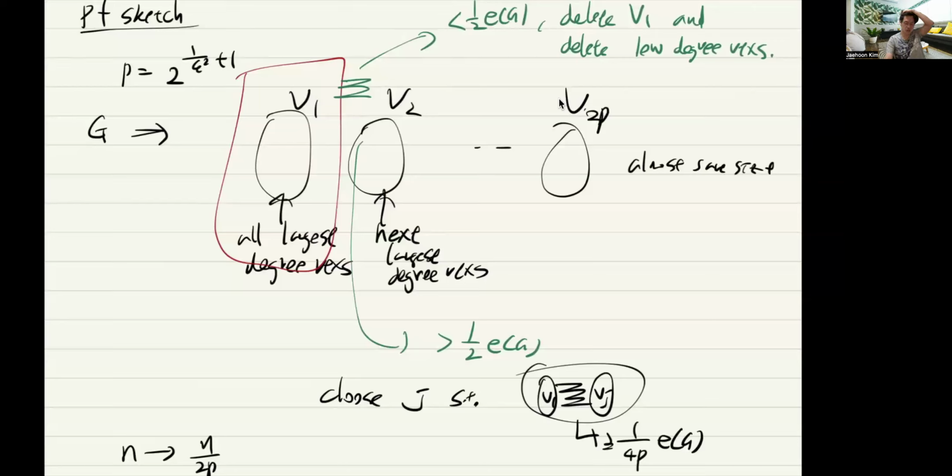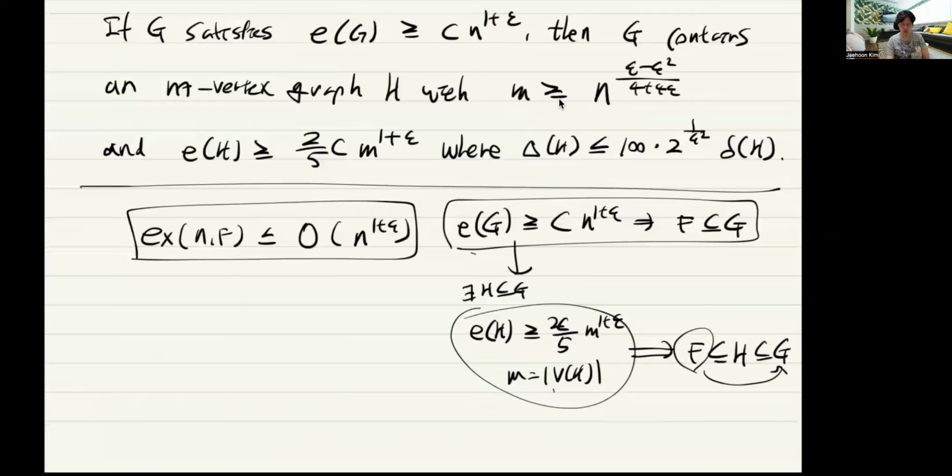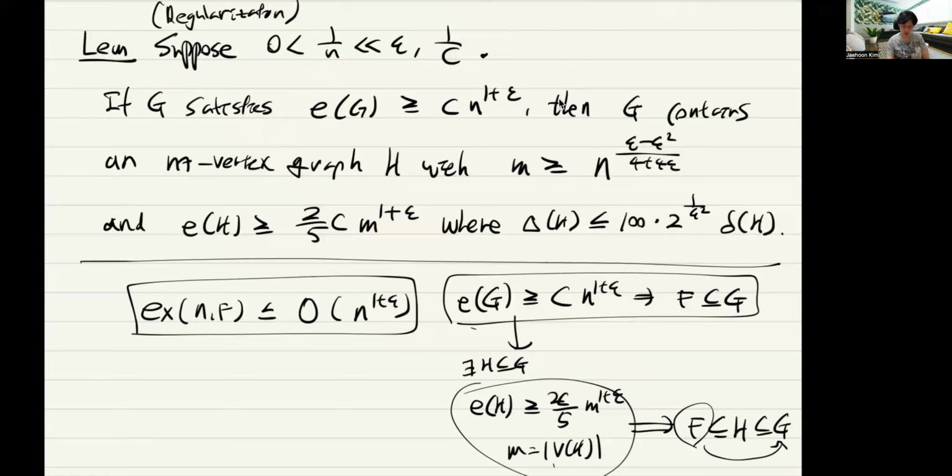At some point, you can show that the first case must happen, and then you will obtain what you desired. And with some computation, you can show that that happens before the graph gets too small. And for such a graph, these conditions hold.